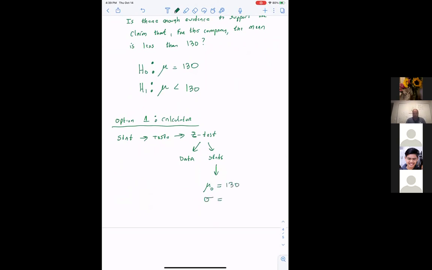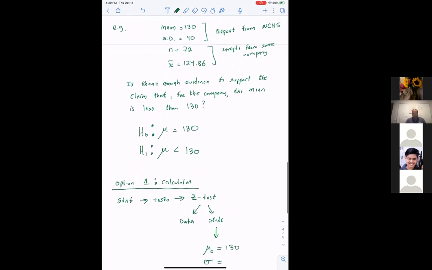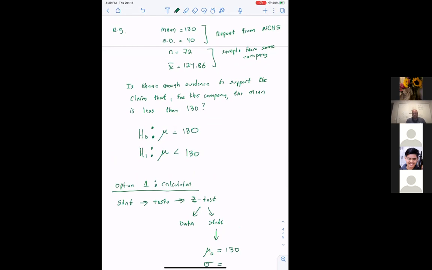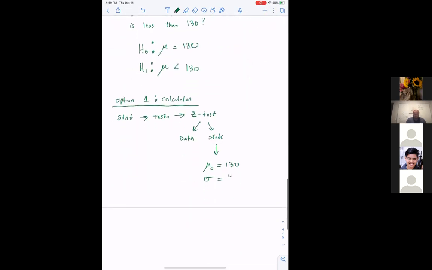What is sigma in this problem? $40. This is assumed to be true. If we don't know sigma, just like with confidence intervals, we'd have a different test to use. But right now we know sigma, it's 40.